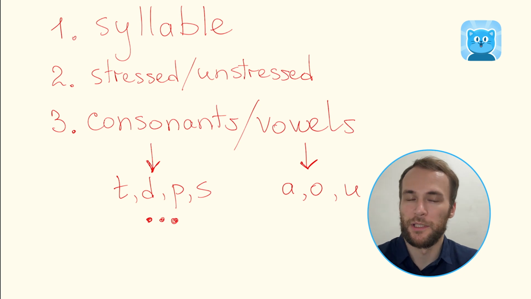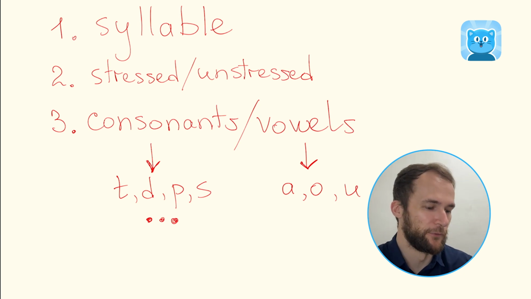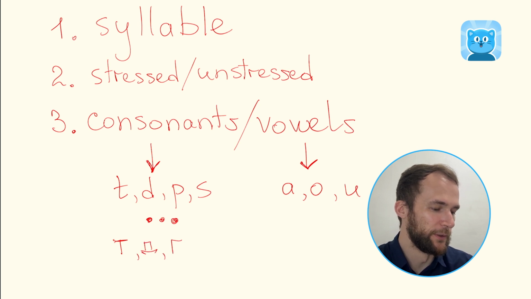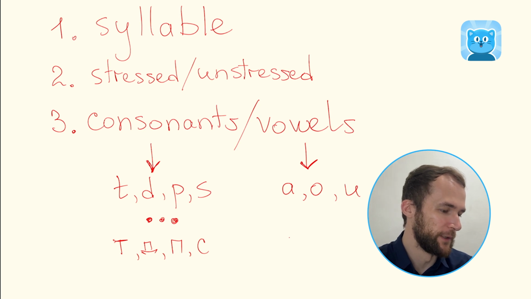In Russian it's the same. You have T, you have D, you have P, you have S, and so on. And vowels like A, O, U, and so on.